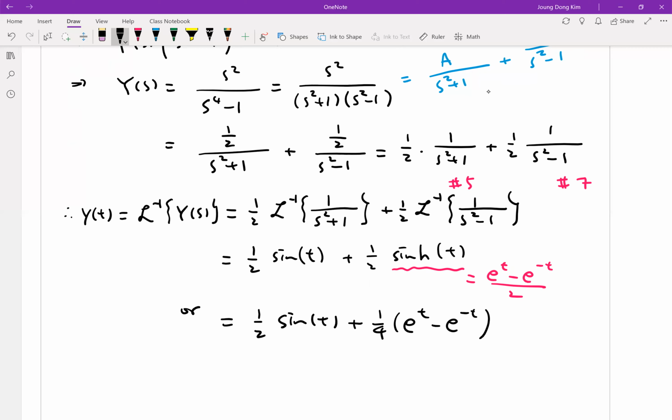But you know what? Either way, you can answer with this hyperbolic sine form, or you can write it this way. I just want to show you that the answer from the Laplace transform is equal to the answer from the characteristic equation. Okay, thank you.